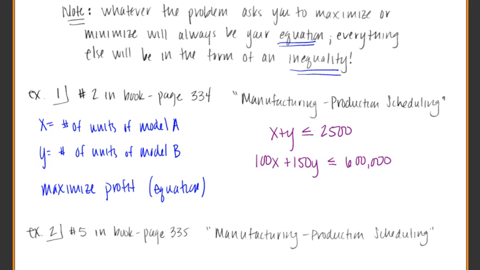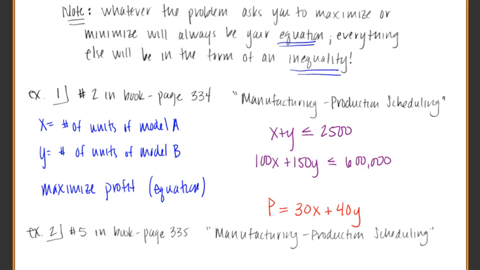I'm going to write P equals, P stands for profit, so my profit equation is going to equal $30 off of every Model A and $40 off of every Model B, and just like that. The reason I'm writing this with an equal sign is mainly because whatever you're asked to maximize or minimize is what's going to have the equal sign.